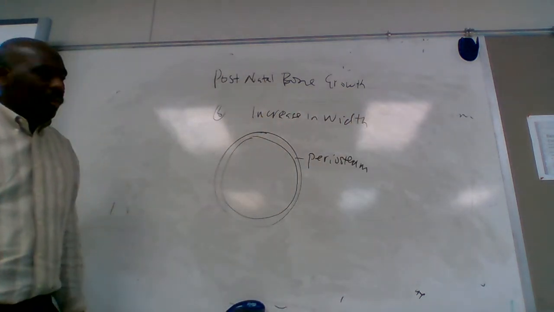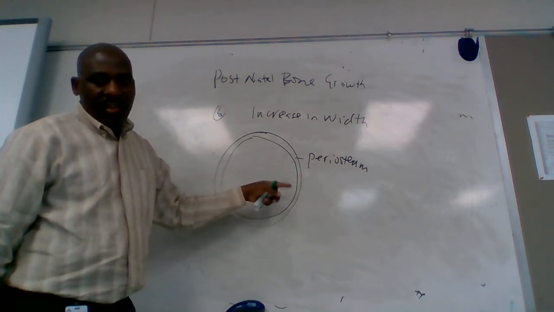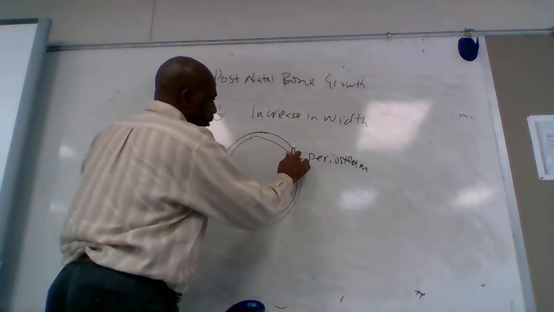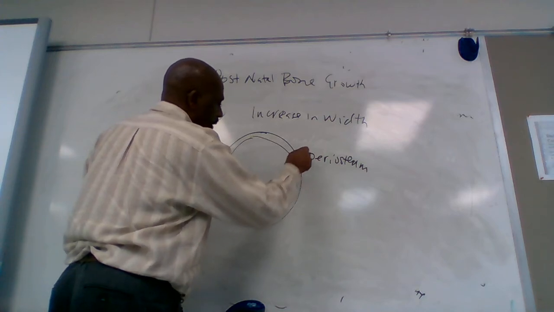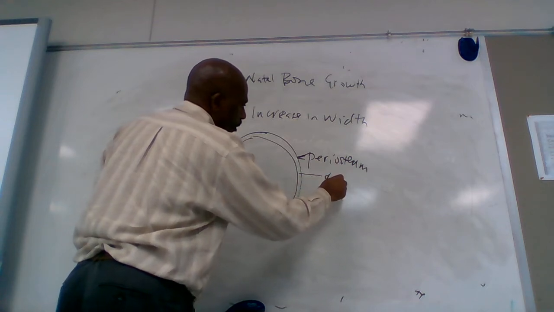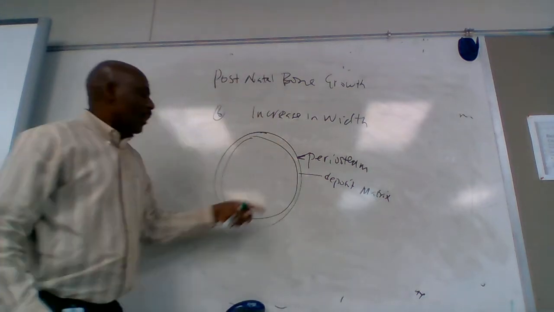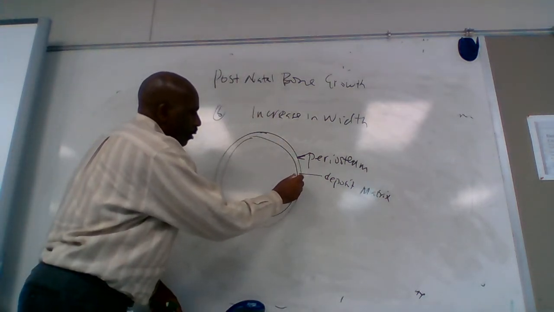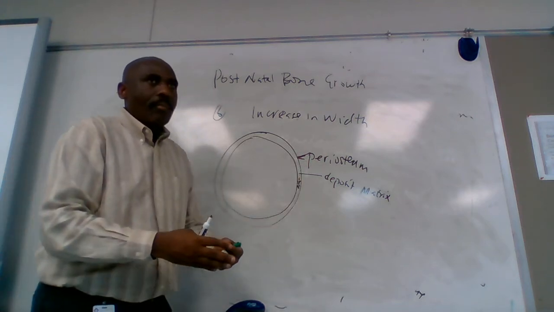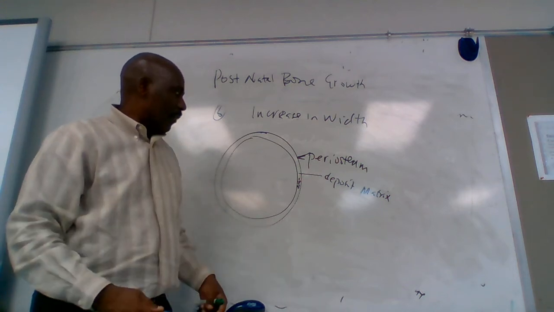For your bone to increase in width, there is going to be deposition of bone matrix just beneath the periosteum. It is the deposition of matrix here, just beneath the periosteum, that makes bones increase in their width.